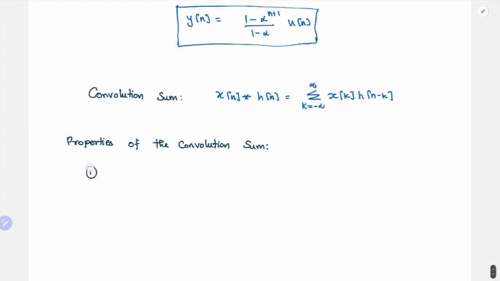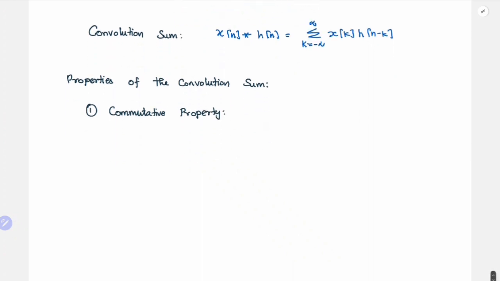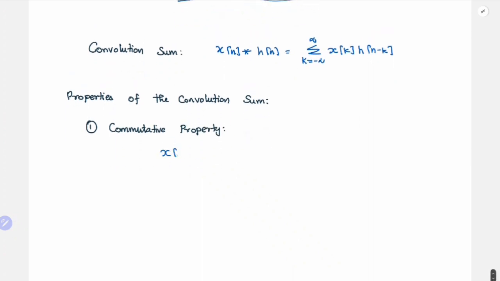My first property will be the commutative property. So what it means is x of n convolved with h of n is equal to h of n convolved with x of n.